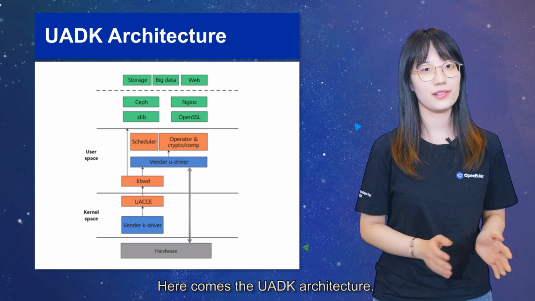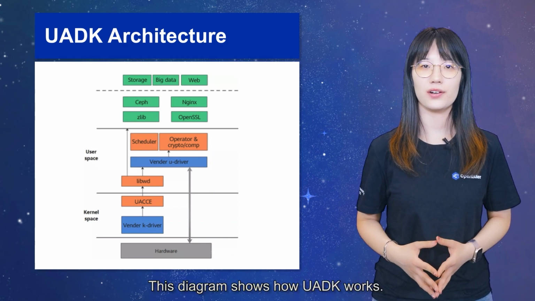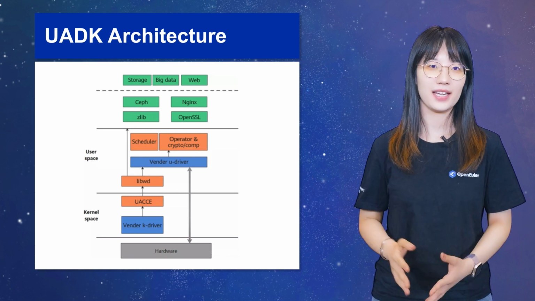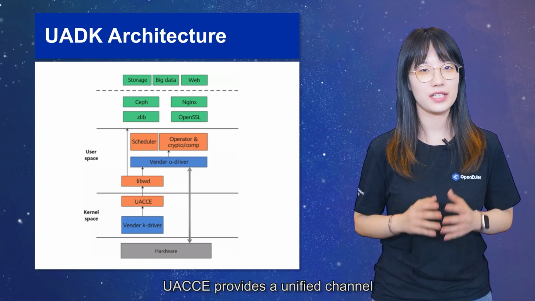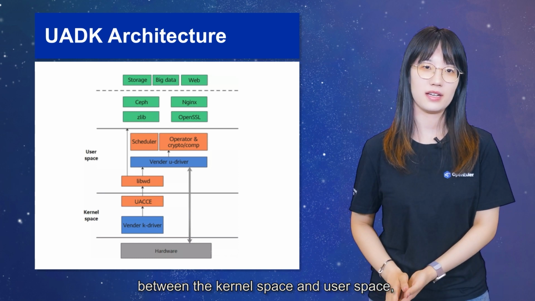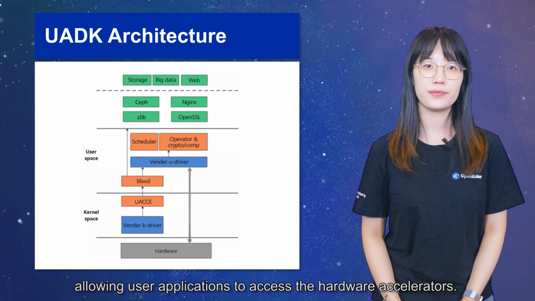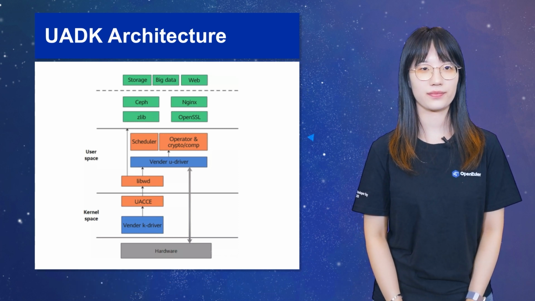Here comes the UADK architecture. This diagram shows how UADK works. UACCE provides a unified channel between the kernel space and the user space, allowing user applications to access the hardware accelerators.